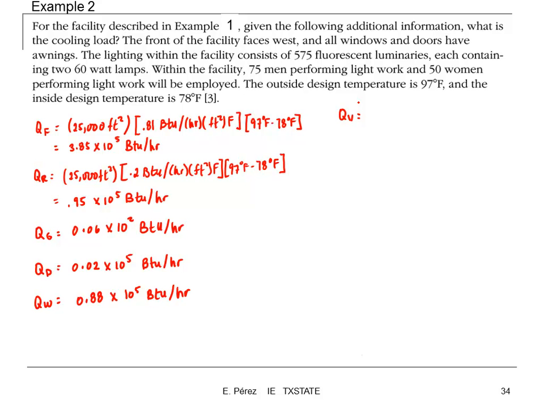So for that we have 25 feet squared plus 12,600 feet squared, times 0.2 BTUs per hour feet squared Fahrenheit, times the temperature difference, so 97 Fahrenheit minus 78 Fahrenheit.